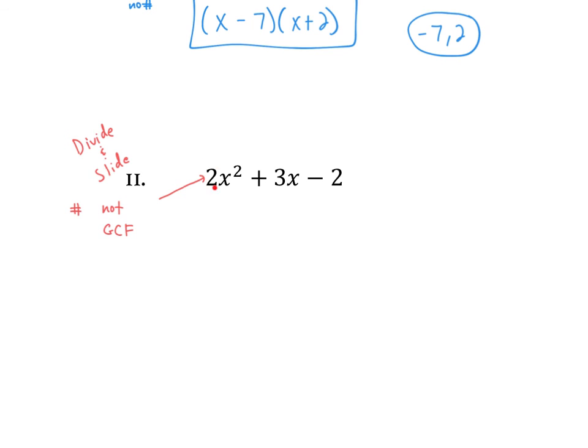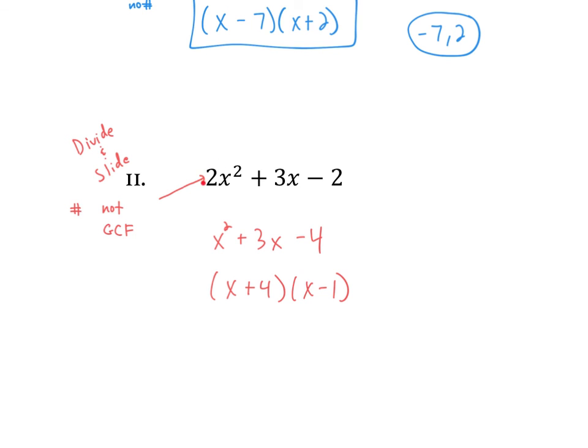Okay, first thing you do is get rid of this number and multiply it by the last. And then you start solving it like a normal method. What two numbers multiply to be negative 4 and add up to be 3? That's 4 and negative 1.